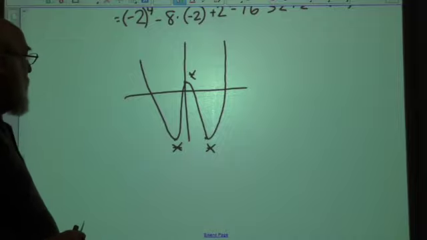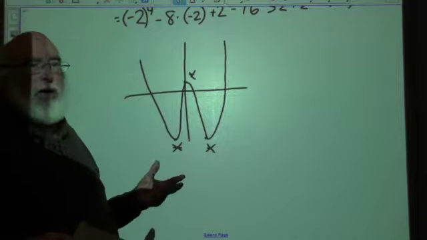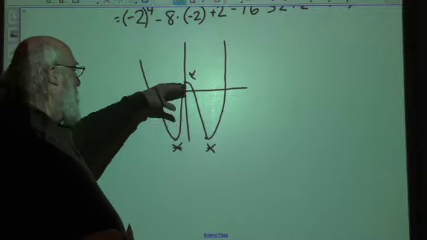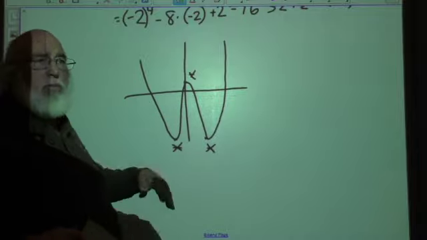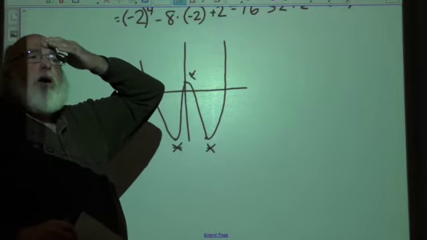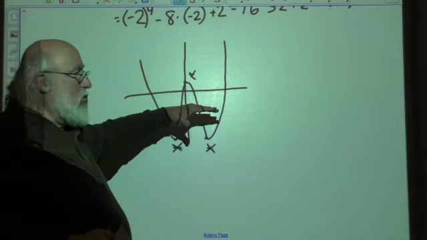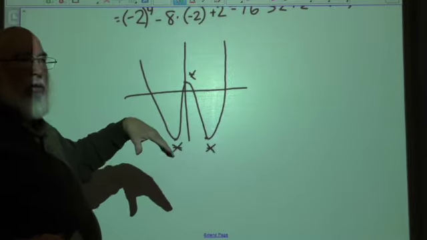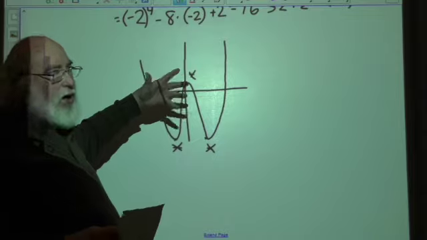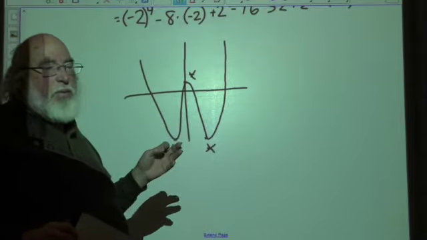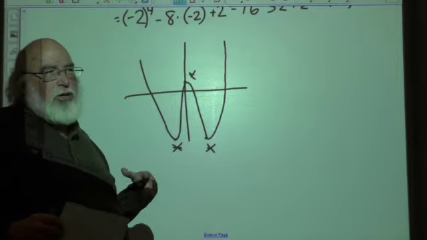I'm sure we will. So if you want to just double check and make sure your answer is right, you use the trace button once you get done. Now, if you use the default mode, Zoom 6, it'll cut it off right there. So that means you probably want to change your Y, and say negative 20 instead of negative 10 for the minimum, and then change your scale to 2.